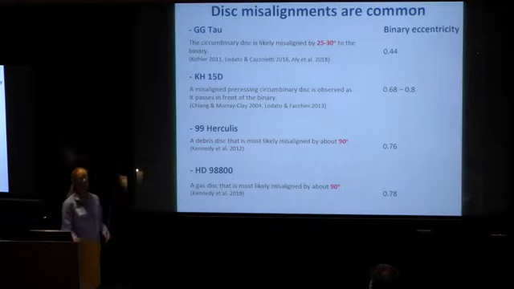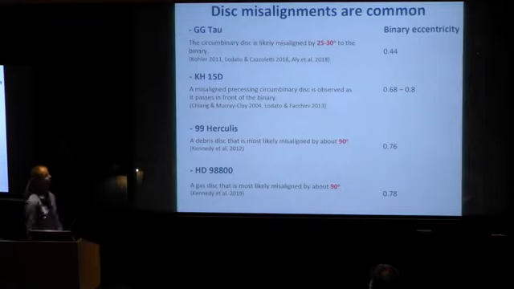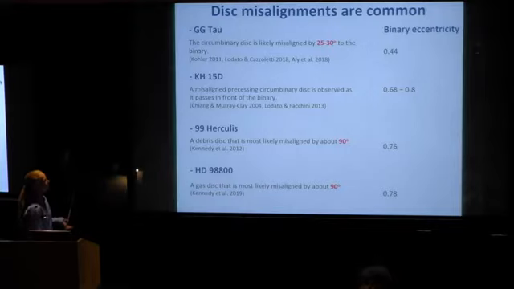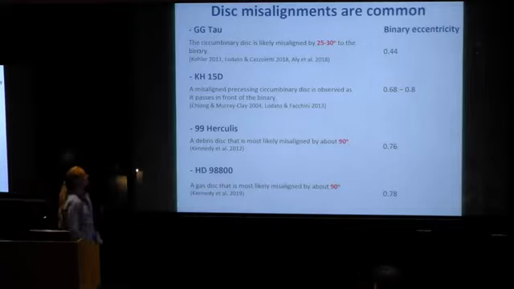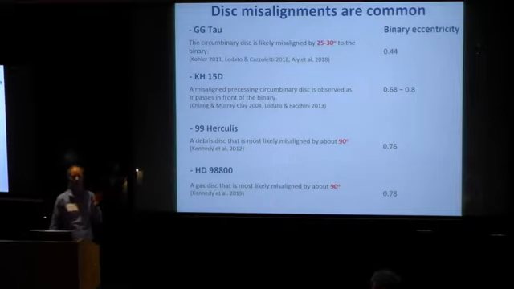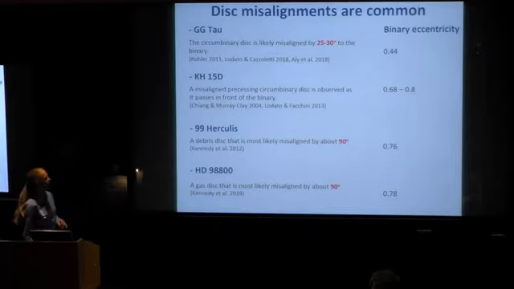Okay, so a few more examples of misalignments just to show you that they're common, and I'll come back to some of them later. GG Tau, second binary disk, misaligned by 25 to 30 degrees. KH 15D, not entirely certain of what the misalignment is, but we see that the disk precesses and it covers up the stars.